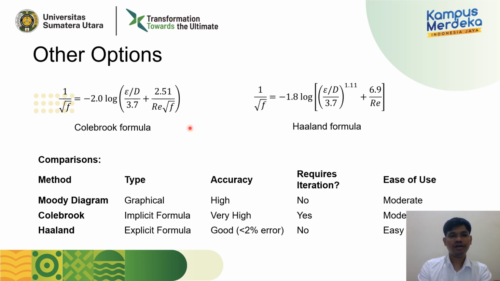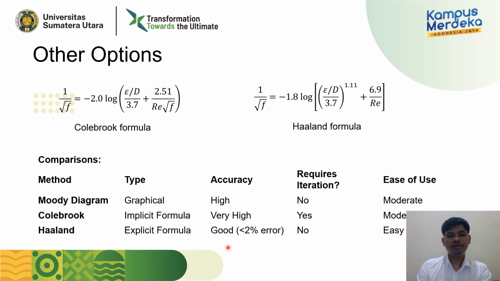So we need to do trial and error to find f, the friction factor. But the Haaland formula is an explicit formula since we only have f on the left side, so we don't need to do iterations or trial and error calculations. That's why we call it an explicit formula.